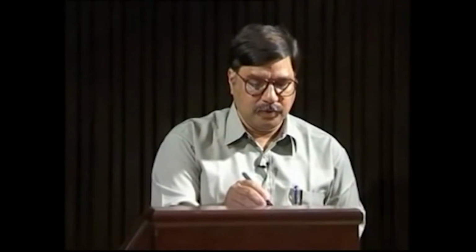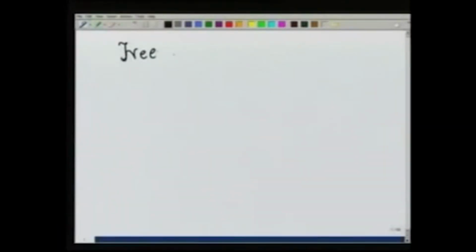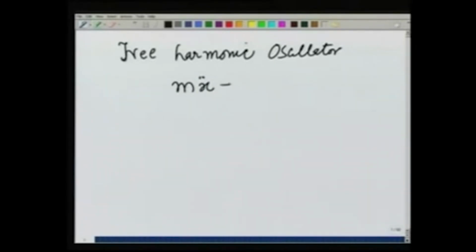In the previous two lectures on harmonic oscillator, we looked at a free harmonic oscillator for which the equation of motion was m x double dot plus kx equals 0.